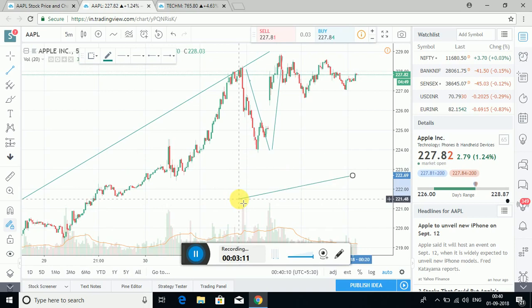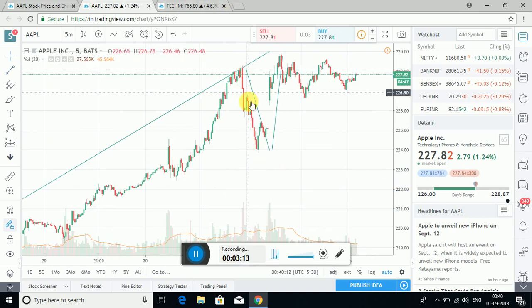Okay, so a V formation, just like this one, helps us to understand the momentum of the market. Now how does it help us to understand the momentum of the market? If we see this downwards momentum which happened, it was very sharp, but so was this upward momentum which happened.